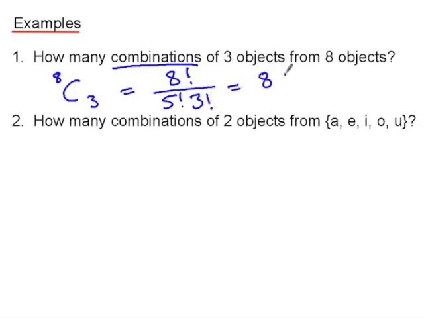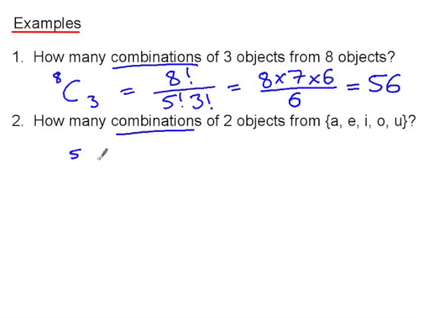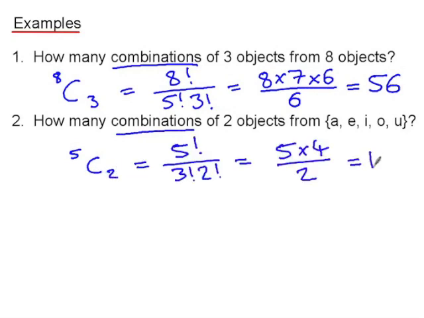That's 8 times 7 times 6 divided by 3 factorial, 56 combinations. In the second example, I'm choosing 2 objects from the set of 5 letters. So this is 5 choose 2, 10 combinations.